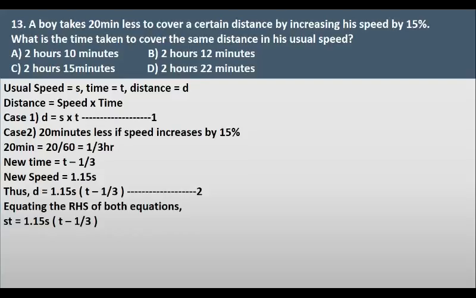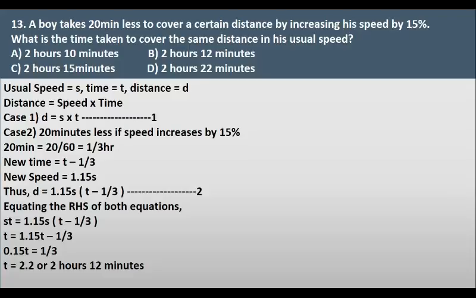After equating, we get S T equal to 1.15 S into T minus 1 by 3. We cancel S from both sides, so our final equation becomes T is equal to 1.15 T minus 1 by 3. So solving for T, our equation further reduces to 0.15 T is equal to 1 by 3 and T is equal to 1 by 3 divided by 0.15, which is equal to 2.2 hours.